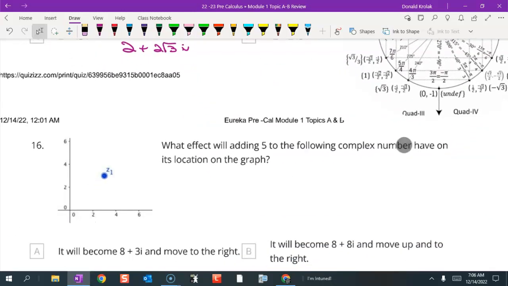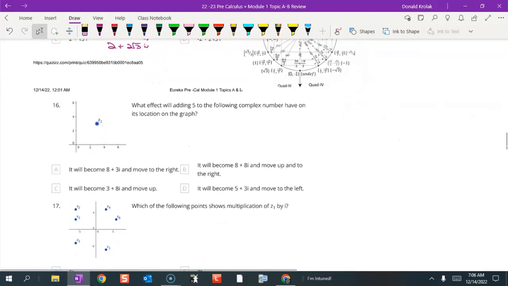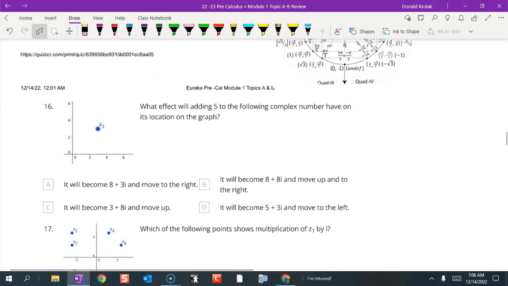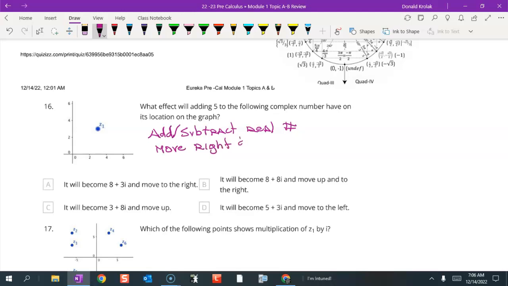All right, what's the effect of adding 5? So when we add or subtract a real number, your graph is going to move right and left. So this is going to move 5 places to the right.